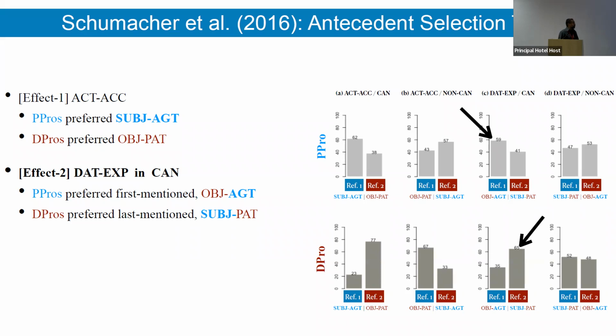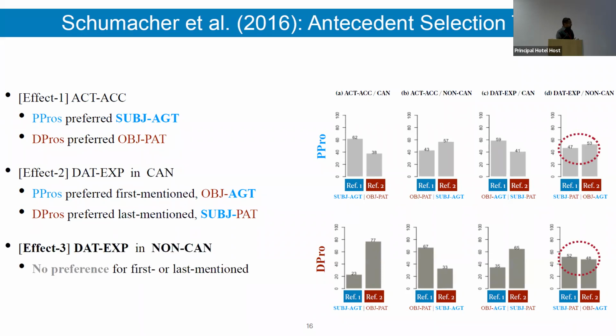Whereas demonstrative pronouns prefer the last mentioned antecedent, which has subject and patient role. And the third effect that they reported is that there was no preference in non-canonical word order with dative experiencer verbs, for both demonstrative pronouns and personal pronouns.